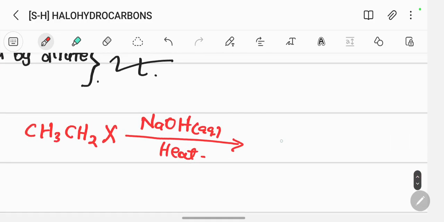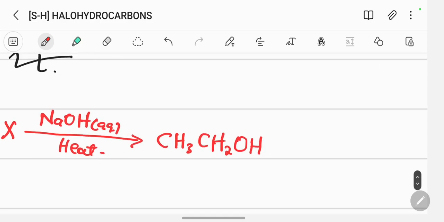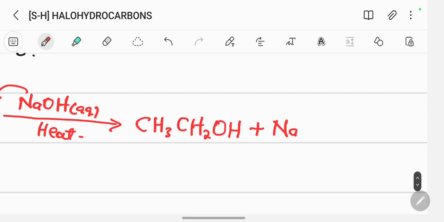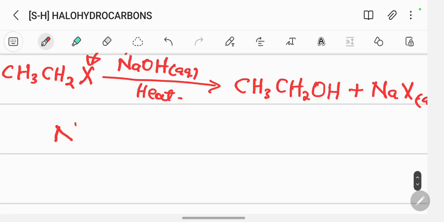What it does, it's going to give us an alcohol. Then, as it gives us an alcohol, sodium is going to take the halogen there, such that it becomes either sodium chloride or sodium bromide. And this sodium chloride is in aqueous solution, so it's going to dissociate into sodium plus the halogen.